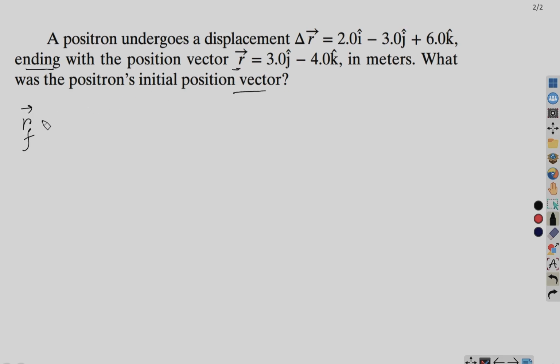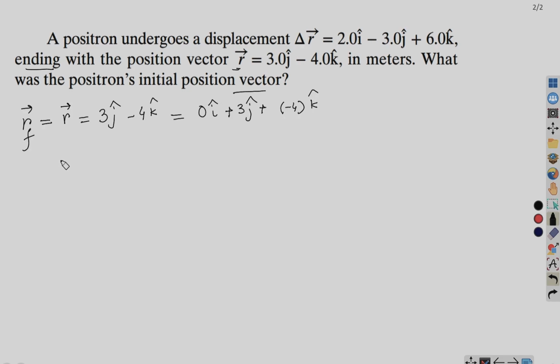Yes, this is 3 j cap minus 4 k cap, or we can write this as 0 i cap plus 3 j cap plus minus 4 k cap.